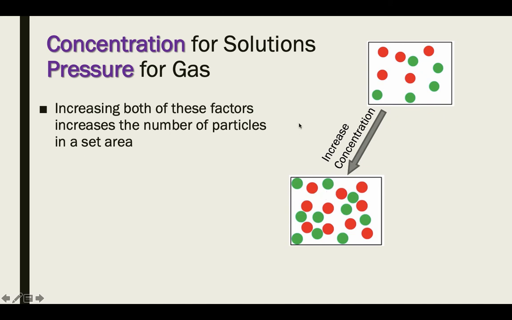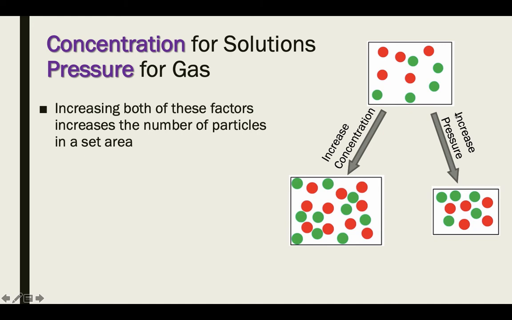Okay? And if it's a gaseous product, we can reduce the volume of the gas container and therefore also increase the amount of gas particles within that volume. Okay, so we're still increasing the concentration of gas particles, but the representation is that we have increased the pressure of the gas.